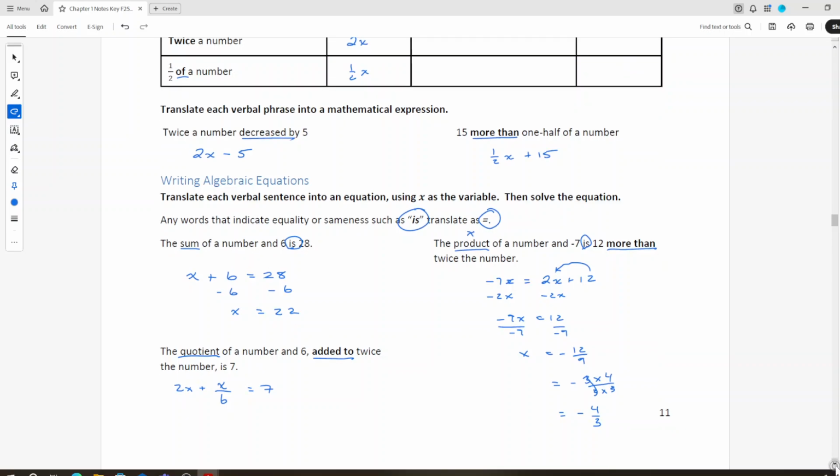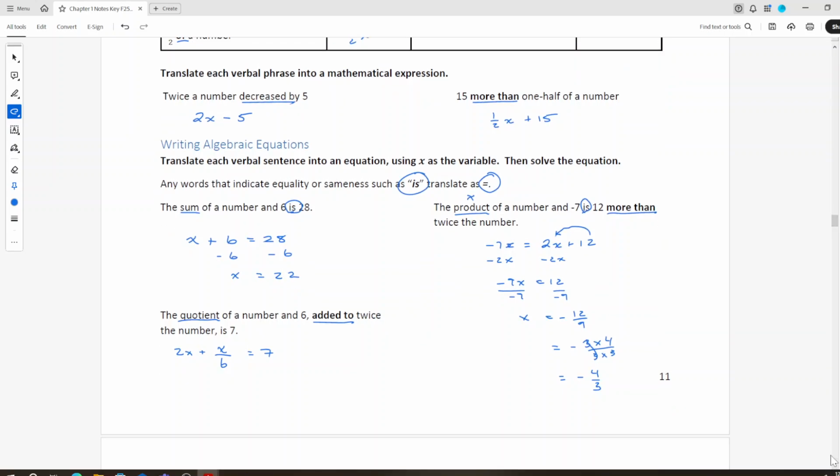Now, to solve this one, I'm going to look at the fact that there are fractions. So I'm going to multiply every term by 6 just so that I don't have to deal with that 6. And I end up with 12x plus x is equal to 7 times 6, not 7 plus 6.